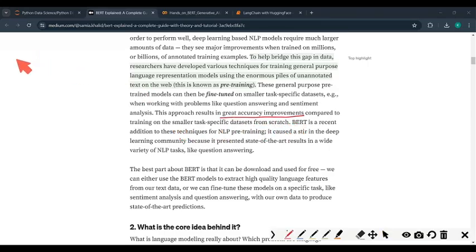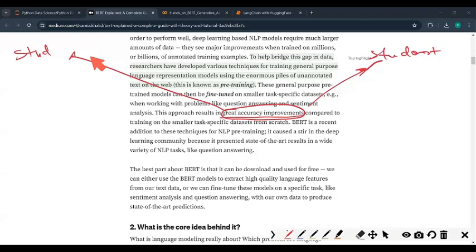Right? I was just explaining this student and that student. When we talk about these two students, it is seen that the one first pre-trained on large data and then fine-tuned works much better. There is a great accuracy improvement in this language model compared to the language model which is only taught one thing, specific data, from the start.